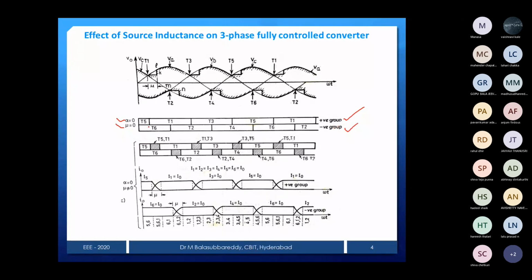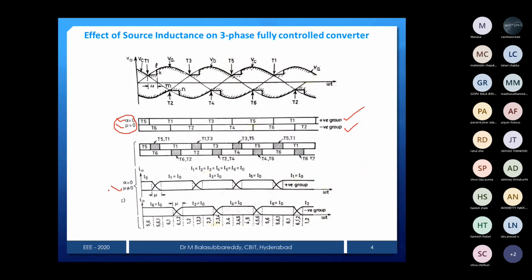This is the actual thing if the source has no impedance or negligible impedance, under the assumption that the source has no impedance, with alpha equal to 0. These are the device conduction sequences. Later I consider the same alpha equal to 0, but with an overlap angle.